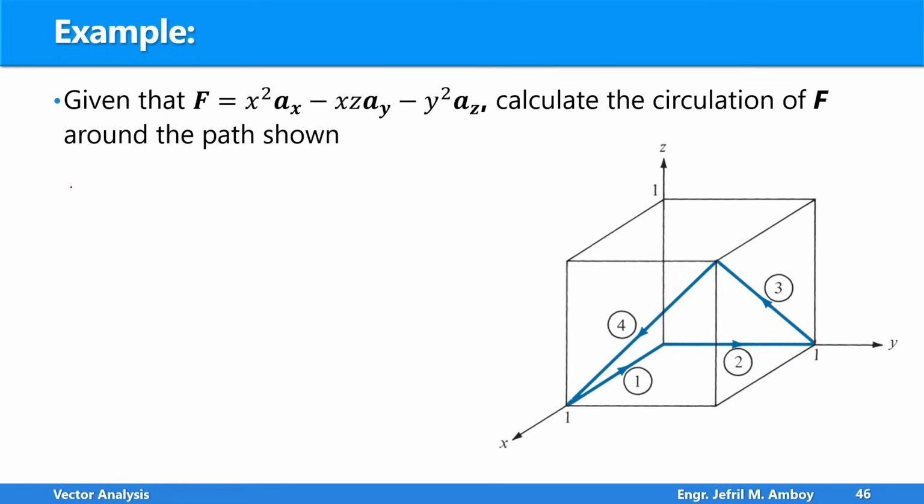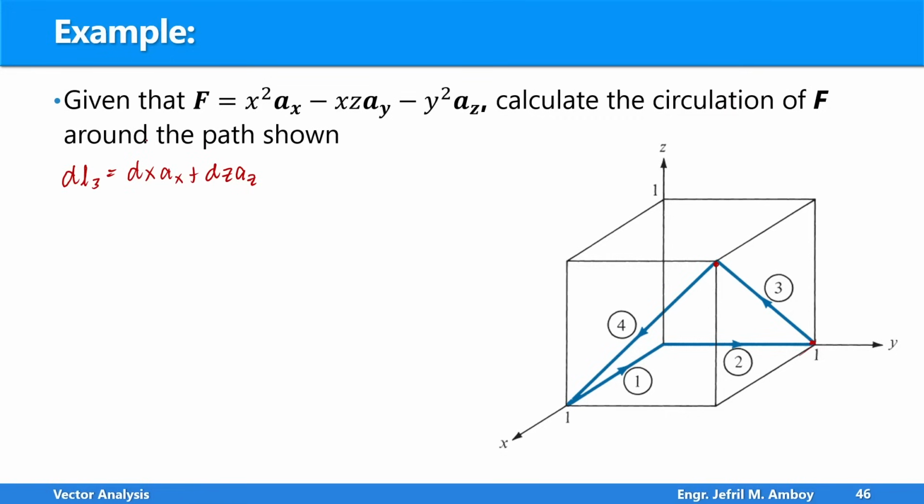So our dL3 must be the sum of dx ax and dz az. Again, why is that so? Because the third path from this point up to that point has a component that is along the x-axis and at the same time a component along the z-axis.